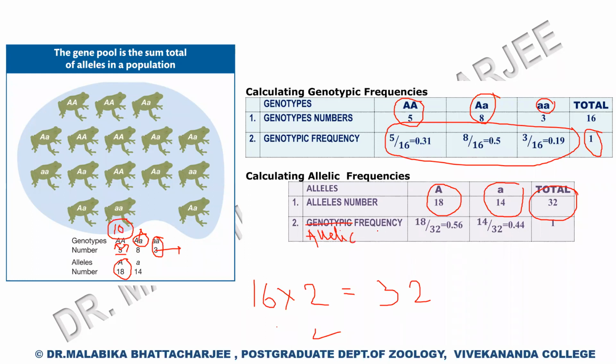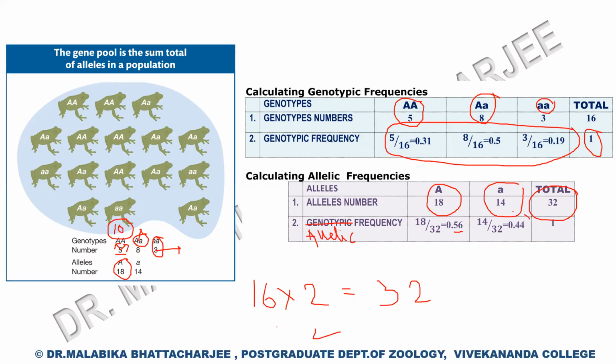Now, when we calculate the allelic frequency, the basic concept is the same. The number of capital A alleles divided by the total number of alleles present in the population, that is 0.56. And the number of small a alleles divided by the total number of alleles present in the population, that is 32, that is 0.44.